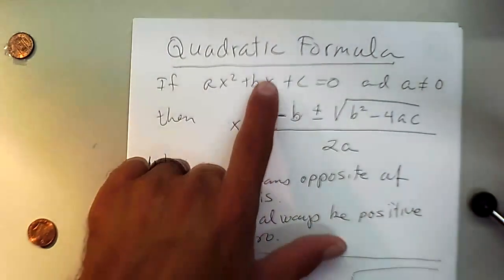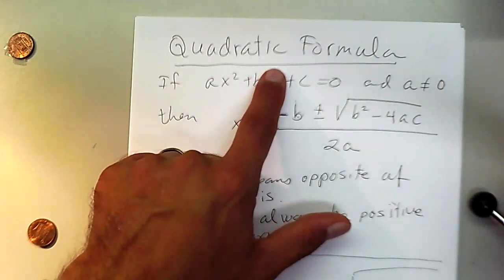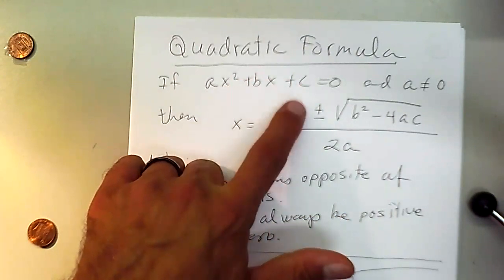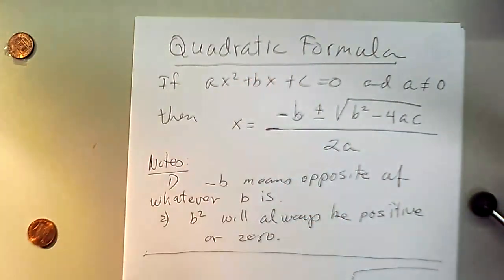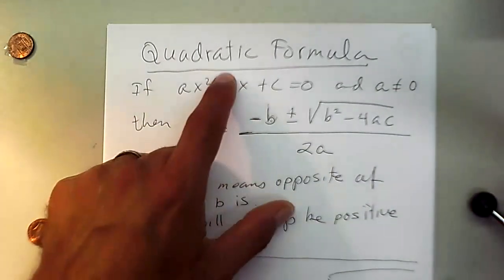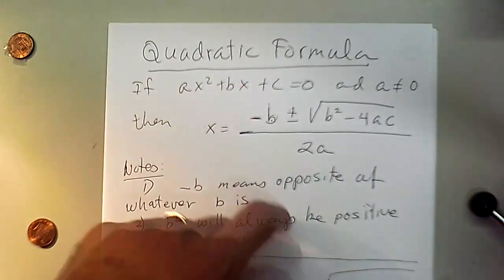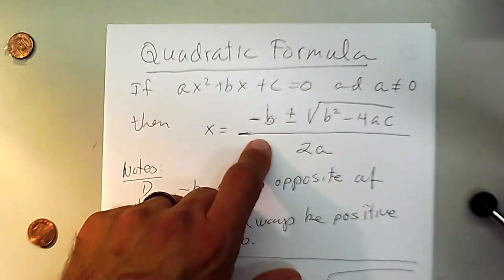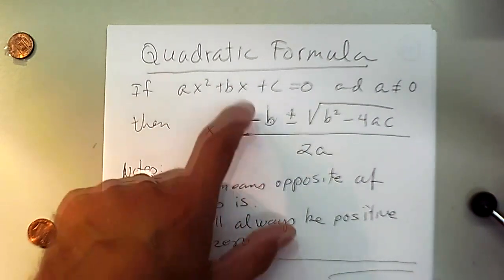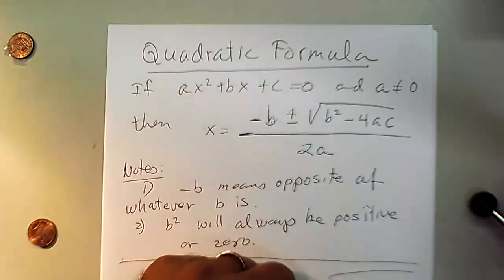If b is zero, then there's no need for the quadratic formula. You can simply use the square root method instead. The reason why we have different methods is because if the equation comes out to be simple enough so that we can factor it or doesn't have a b, then this is more work, in my opinion, than just factoring or moving the c to the other side of the equation and simply taking the square root.